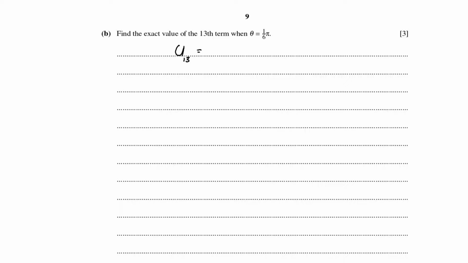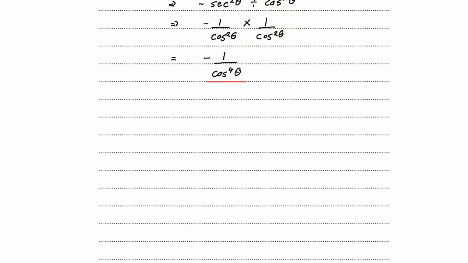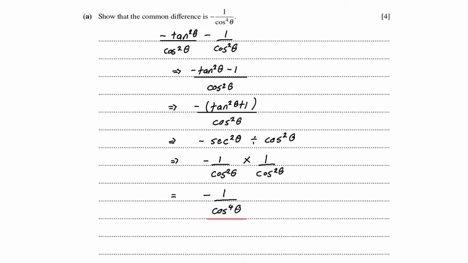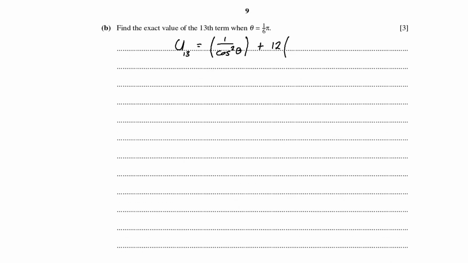So it's going to be 1 over cos squared theta, and that's going to be plus n minus 1, which is 12 of d, and we had gotten d to be the common difference. That's minus 1 over cos to the power 4 of theta. So let's put it here. So that's minus 1 over cos to the power 4 of theta.